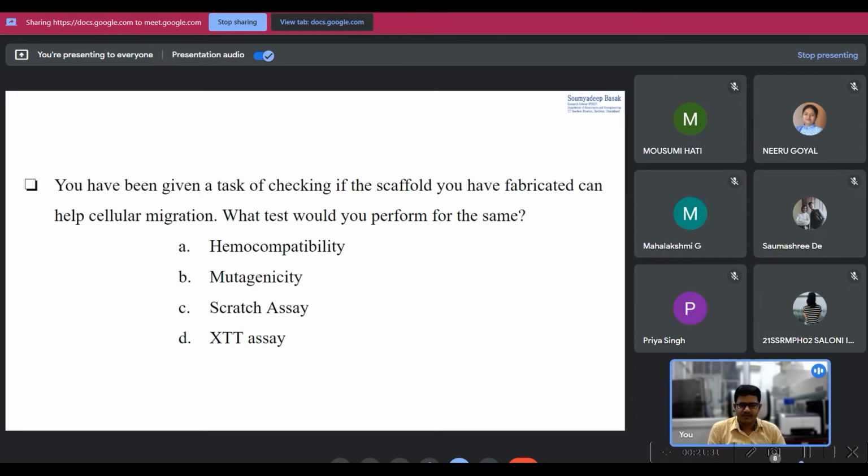Think about it. You have a material. You want to see whether your cells, whatever cells you have, can migrate. So what would be the test you would be performing? Options are hemocompatibility, mutagenicity, scratch assay, and XTT assay.